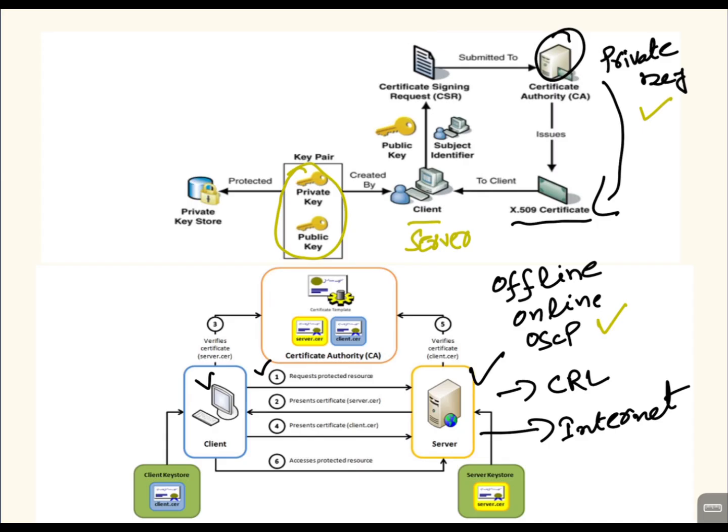Once that part is completed, once that certificate is verified, both server and client have a legitimate certificate, right? Then they can establish communication with each other using their public key, the public key which they have added in the CSR, certificate signing request.